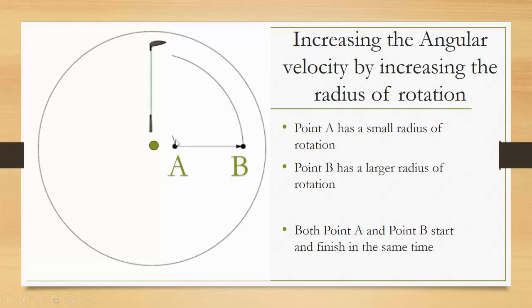A is going from here to here, so quite a small angular distance, whereas B is going all the way around here, and they're doing this in the same time frame. So the end of the club has a much higher angular velocity than the beginning of the club because it's got a much higher distance that it's traveling.